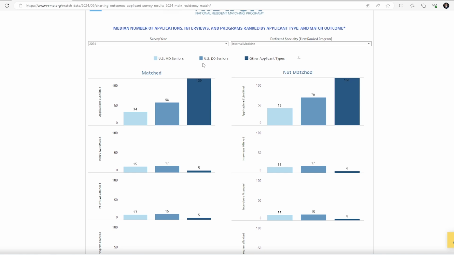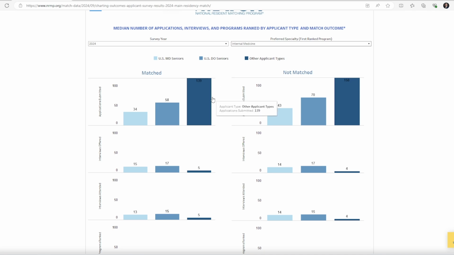You have USDO seniors, the students of osteopathic medical schools in the US, and other applicant types. The majority of these are non-USIMGs and USIMGs combined together, along with a few other applicants. It would definitely be nicer if we had these two groups separately, but they are combined.